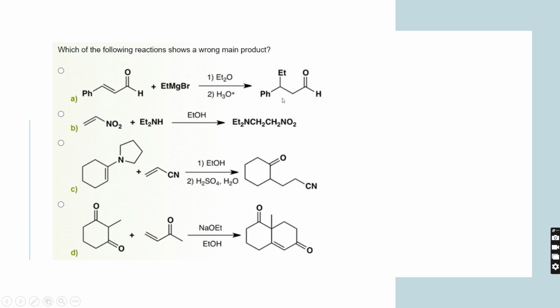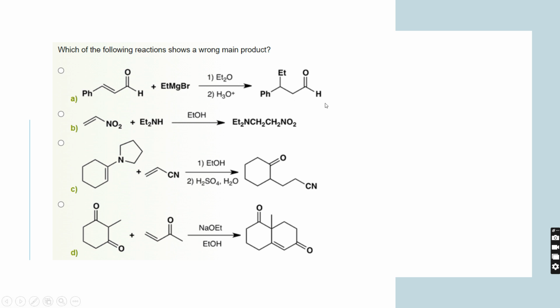But in the option, you are given that the incoming ethyl nucleophile is attaching in 1,4 fashion, and the aldehyde substituent is staying intact, which is not matching with the hard, soft concept. So we can say that option A is not showing you the correct main product.